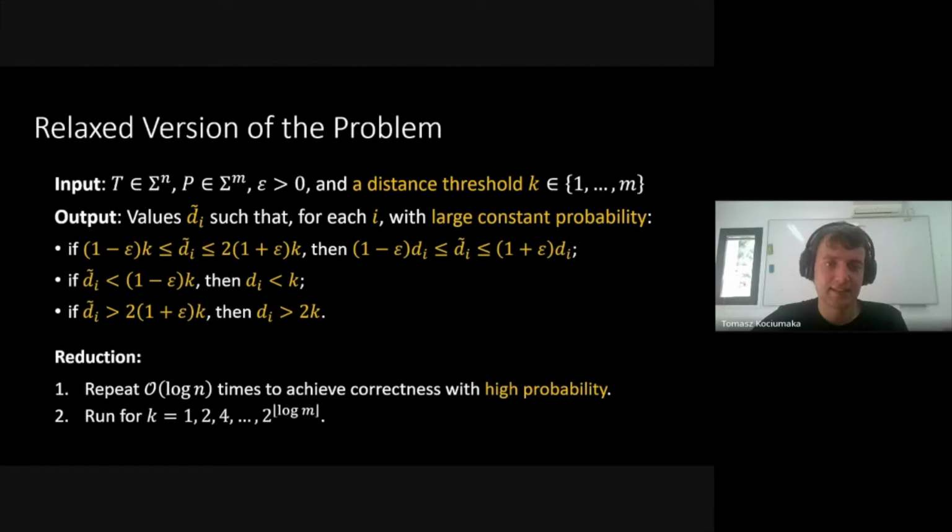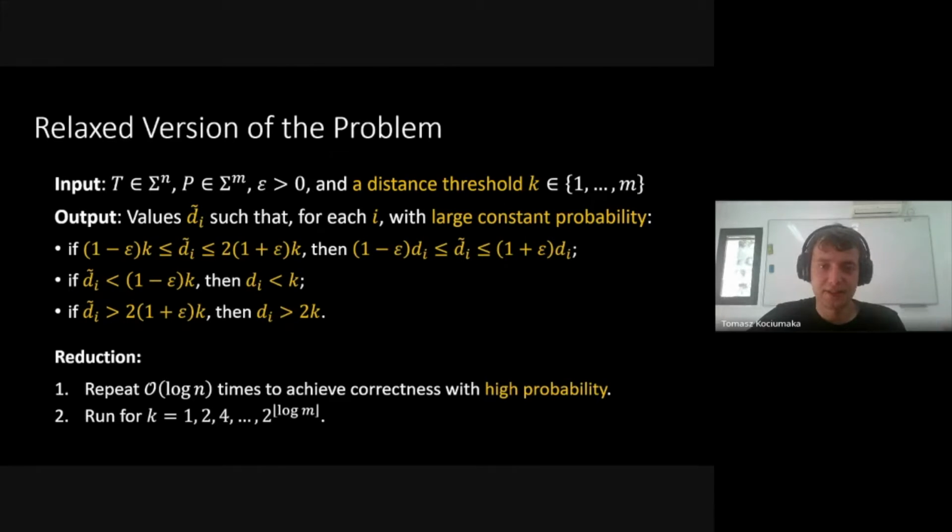And then, since every particular instance of this algorithm needs this threshold k, in order to approximate distances in the whole range between 1 and m, we need logarithmically many levels, with each level having k, which is a power of 2 between 1 and m. So that's essentially 2 log n factors, which are on top of any running time for the relaxed version of the problem.